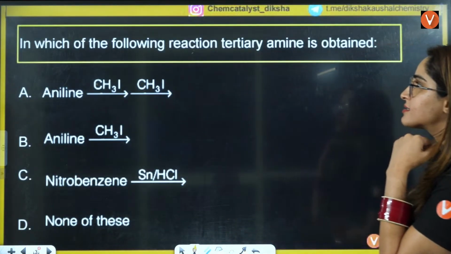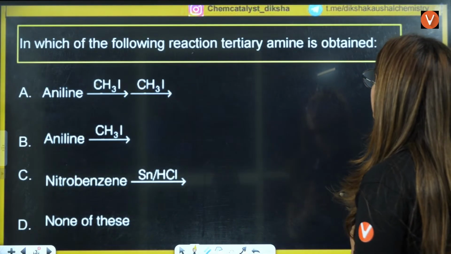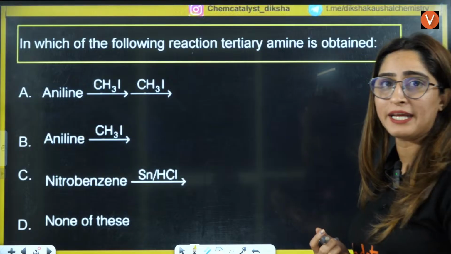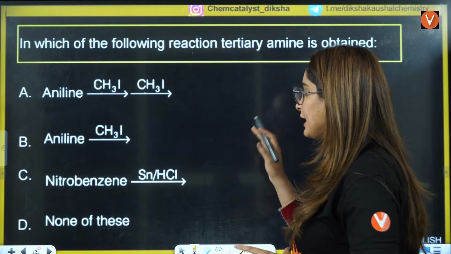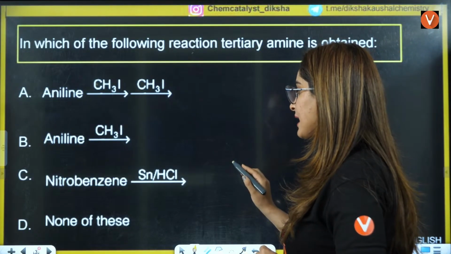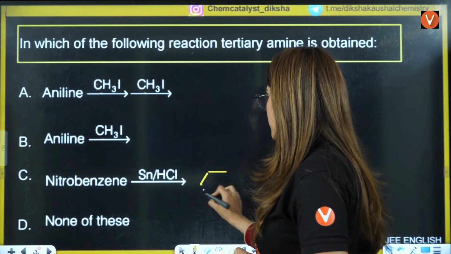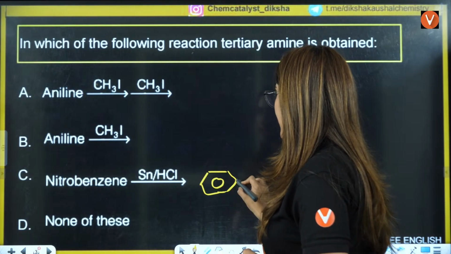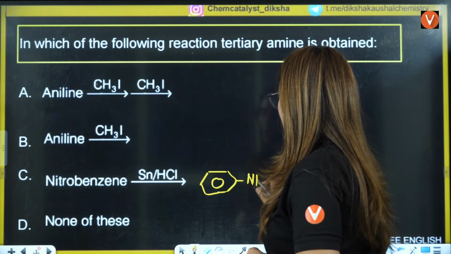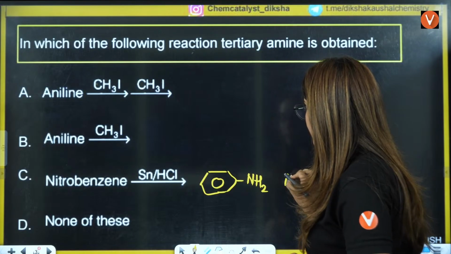As you can see here, the first question on your screen is, in which of the following reactions is a tertiary amine obtained? If you see this here, nitrobenzene will give you aniline, so that is definitely a primary amine.